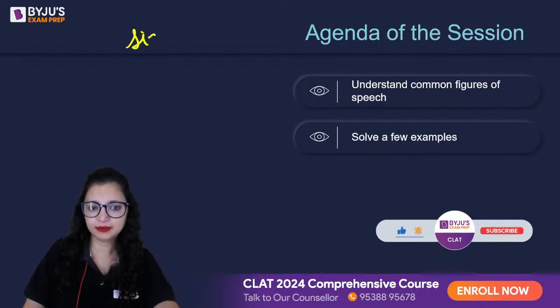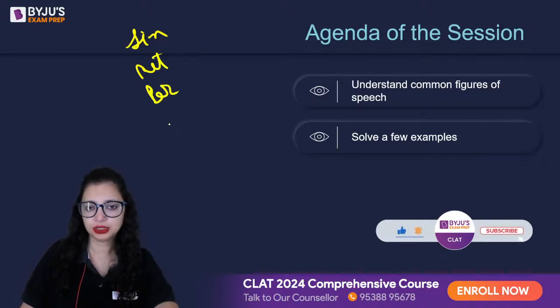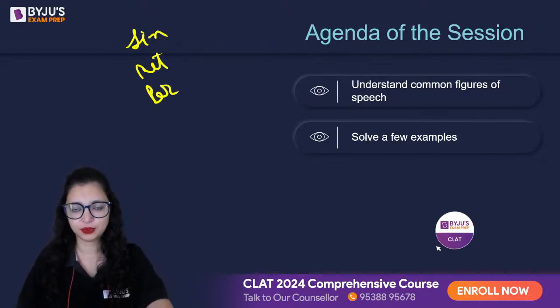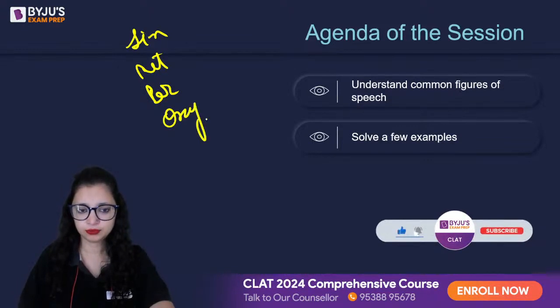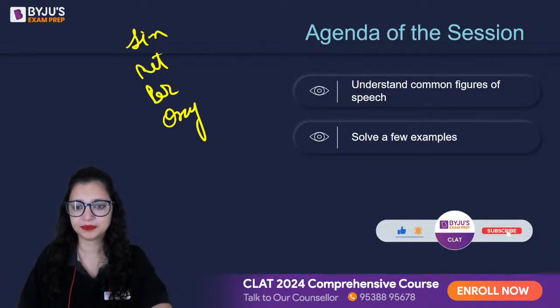We did simile, metaphor, personification, and what else did we do? Oxymoron. What else did we do? Tell me quickly. Then we did irony, and euphemism.